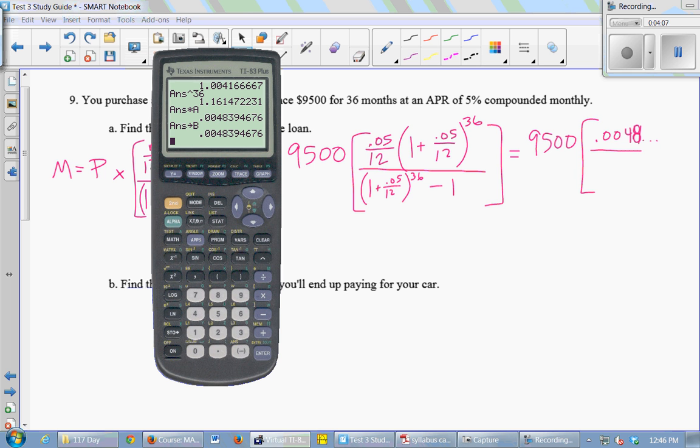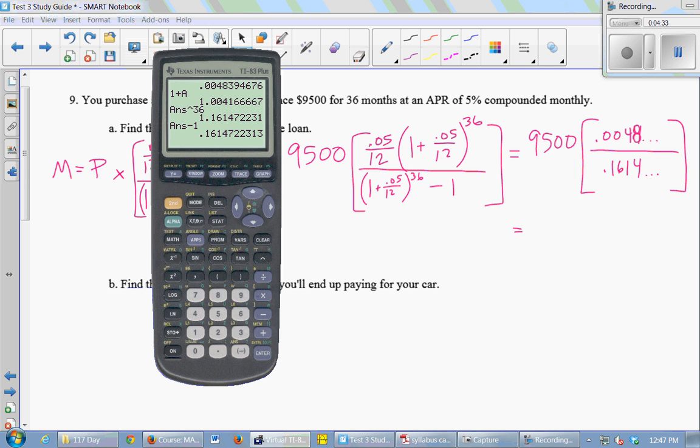And then I'm going to divide by my denominator. So now I'll work on that. That is 1 plus the letter A, 0.05 over 12 stored as the letter A, raised to the 36th power, subtract 1. And I get 0.1614, and that decimal keeps going as well.